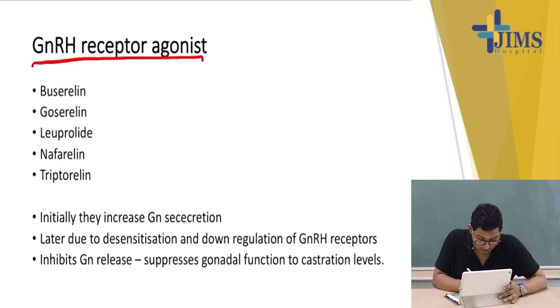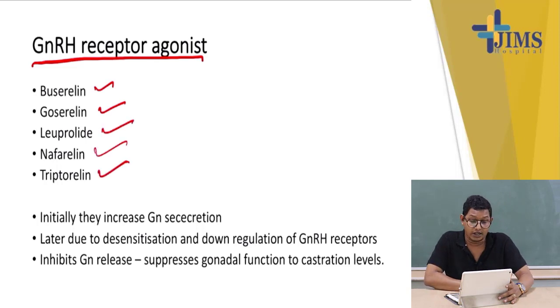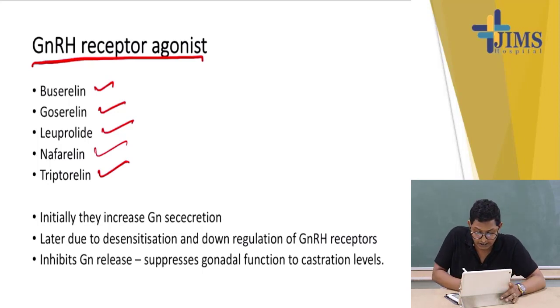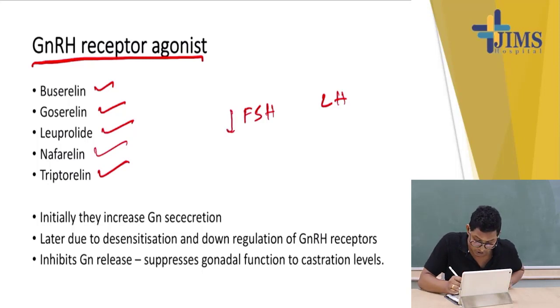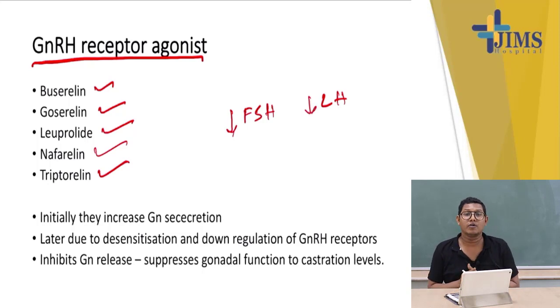Now these are buserelin, goserelin, leuprolide, nafarelin and triptorelin. What is the mechanism of action? Initially they will increase gonadotropin secretion, that is FSH and LH. Later, due to desensitization and down regulation of the gonadotropin releasing hormone receptors, there will be inhibition of gonadotropin release.